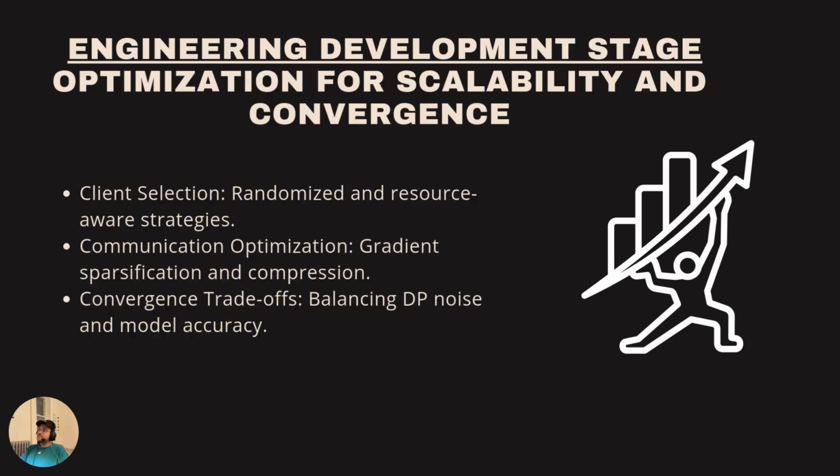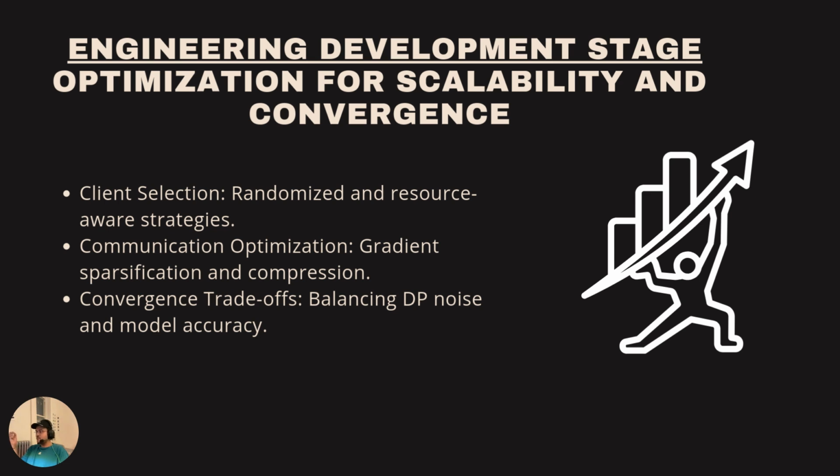In the optimization for scalability and convergence, we address key challenges related to resource constraints, communication overhead, and convergence performance. First, client selection techniques are used to randomly select clients while considering their resource availability, such as bandwidth and battery life.